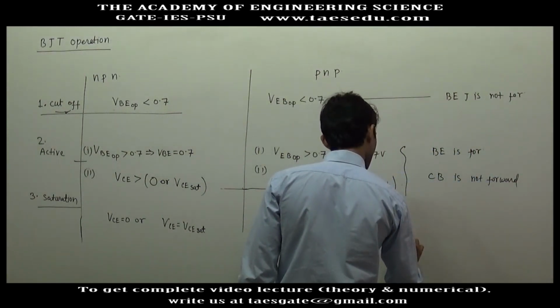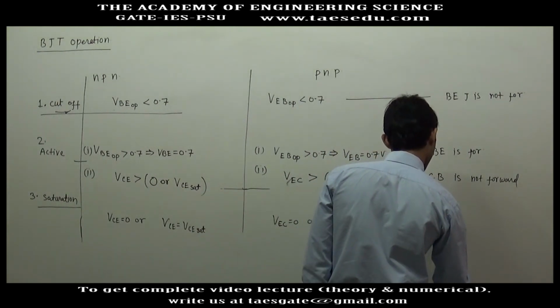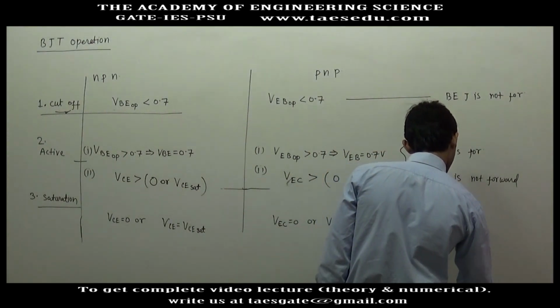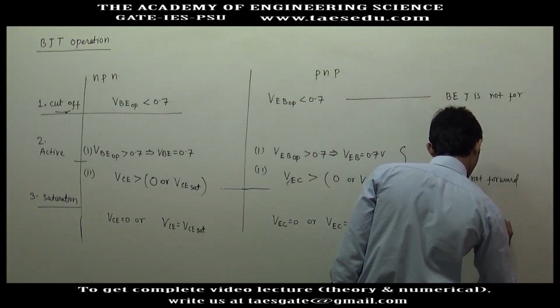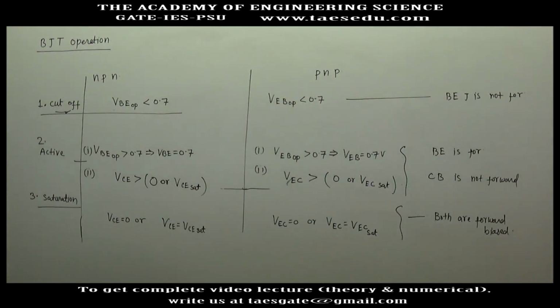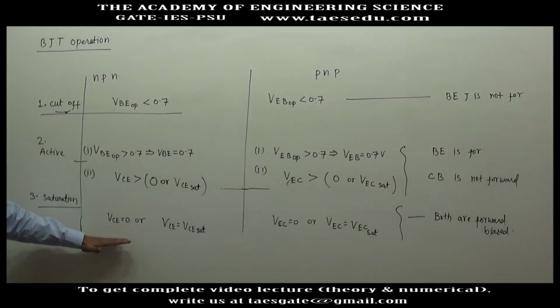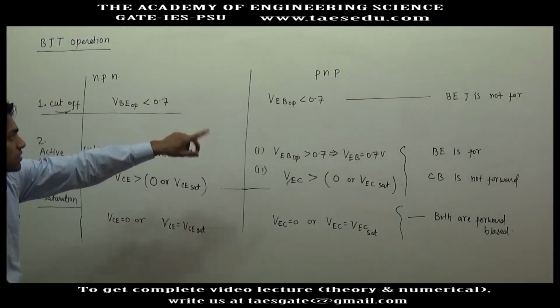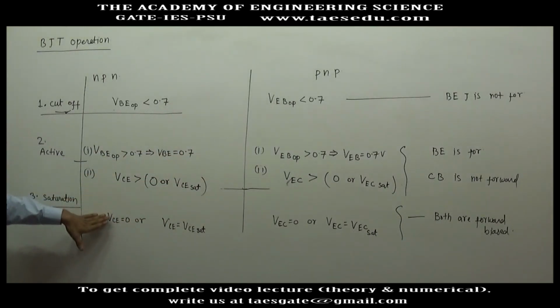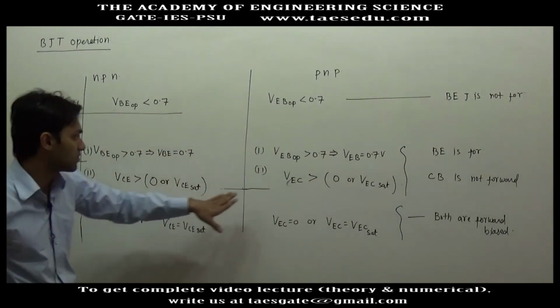And in case of saturation region, both junctions are forward biased. You have already observed that from basic definitions only we have reached the conditions in terms of voltages. The conditions in terms of voltage are a little different in case of PNP and NPN transistor. Here we have VBE, there VEB. Here we have VCE and here we have VEC.